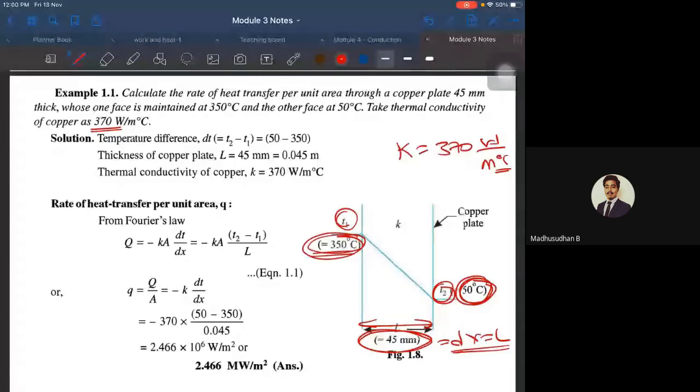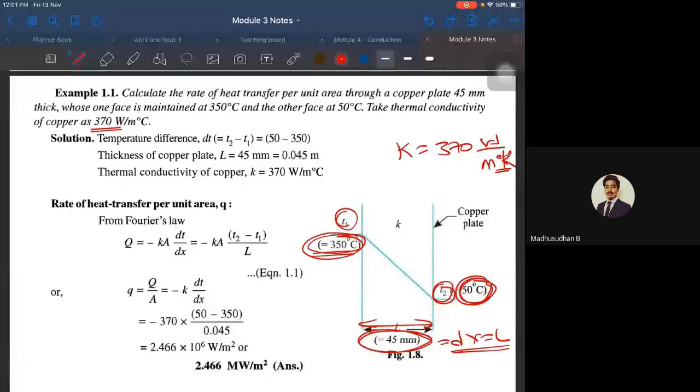If your K value is in degree Kelvin, then you convert T1 and T2 to Kelvin. Clear with this concept? If your K value is in Celsius, the dT value also should be in Celsius. If your K value is in Kelvin, even the dT value should be in Kelvin. Take care of that.